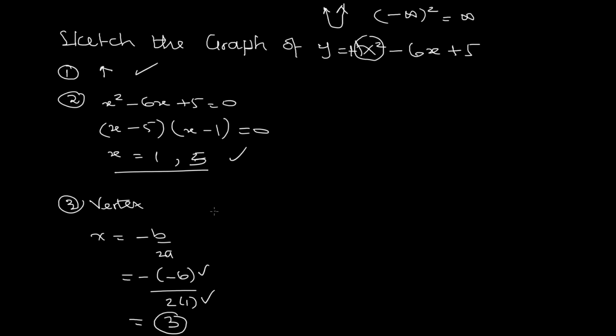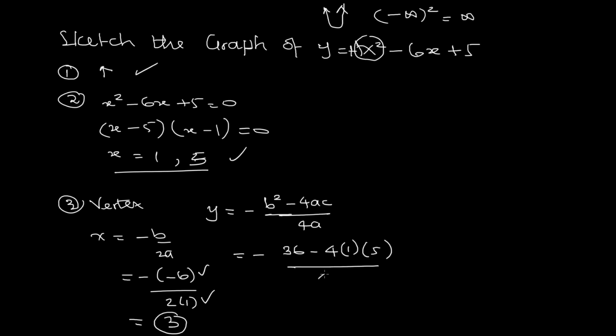What is the y value? You can put the value 3 in this equation here and find it. Or if you are able to remember, we said it was b squared minus 4ac over 4a. So we can go minus. The minus is not in front of b, it's for the whole expression. So then we do b squared, which is 36, minus 4, a is 1, and then c is 5.